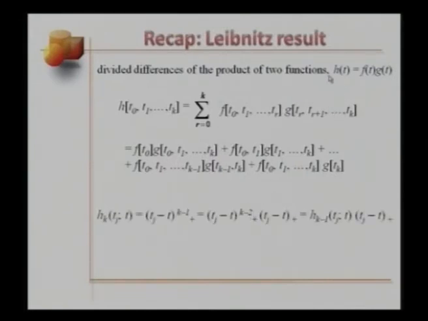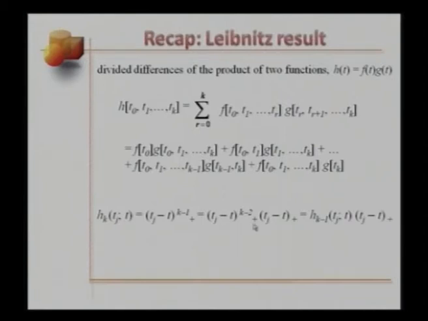We had modeled h(t) as the truncated power function of degree k minus 1. Here the subscript represents the order of the truncated power function, and we had rewritten tj minus t truncated raised to k minus 1 as a product of two functions, namely tj minus t truncated raised to k minus 2 times tj minus t truncated.